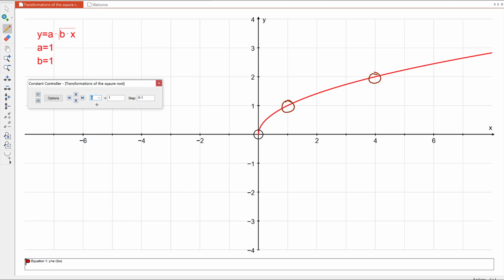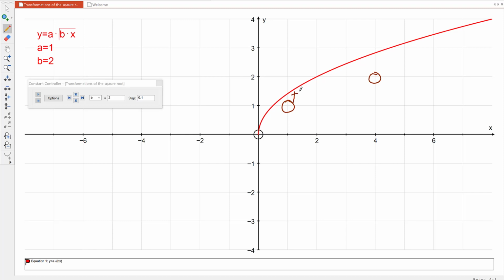Okay, so again, it's about multiplying just the x part within the function rather than multiplying the whole function. So if we have a look at what happens here, as I make B bigger, keep an eye on what's happening. We know the original graph goes through (1, 1) and (4, 2). As I make B bigger, it does look like it's also dilating from the x-axis, and in many ways it is. Let me make this a whole number. Here B is 2. It's clear it hasn't been dilated from the x-axis by a factor of 2.